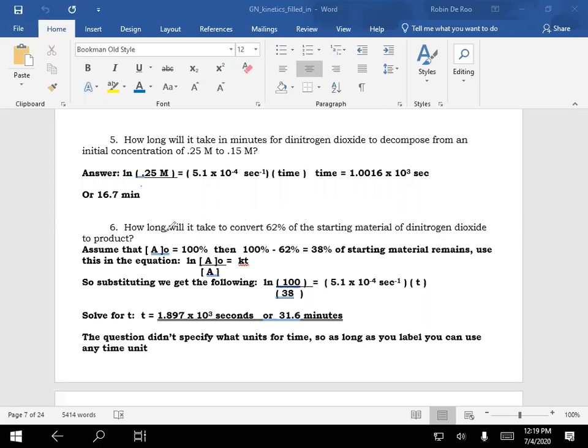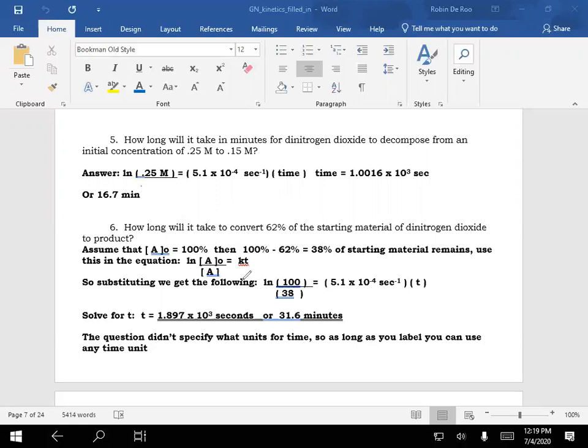And we would have told you this is a first order rate experiment. So what you have to do is take this percentage and use it. Let's assume that the A sub 0 is 100%. Now we have a number. So 100% minus 62%, that's how much you're converting, means you would have 38% of the starting material remaining.